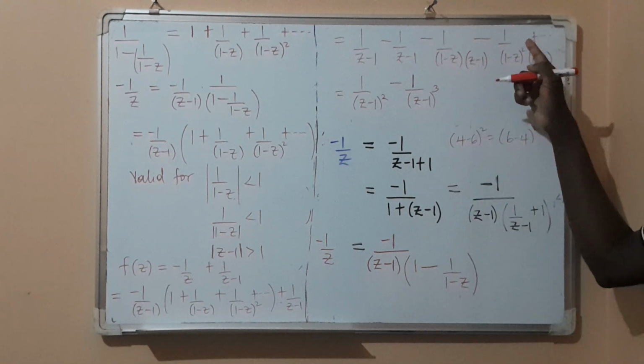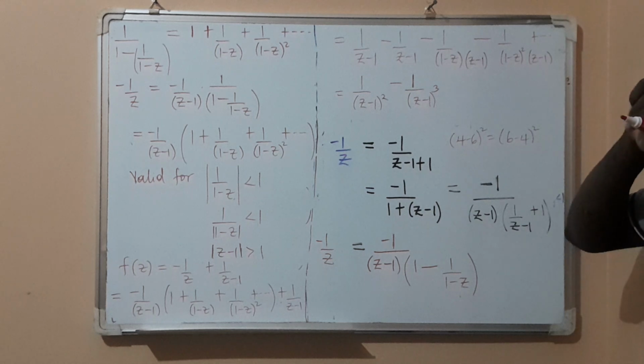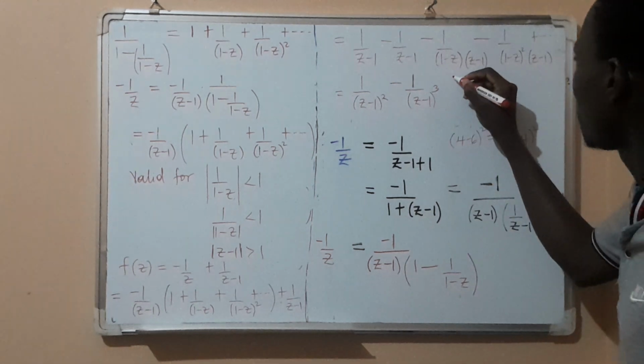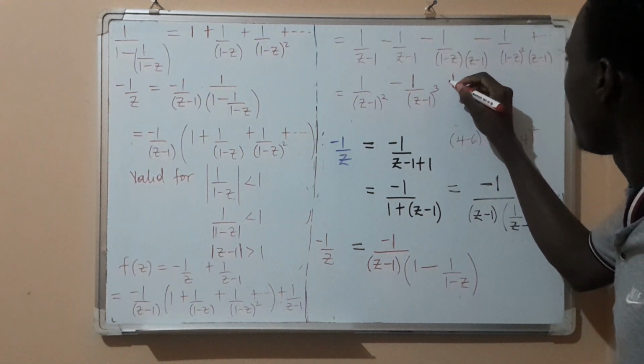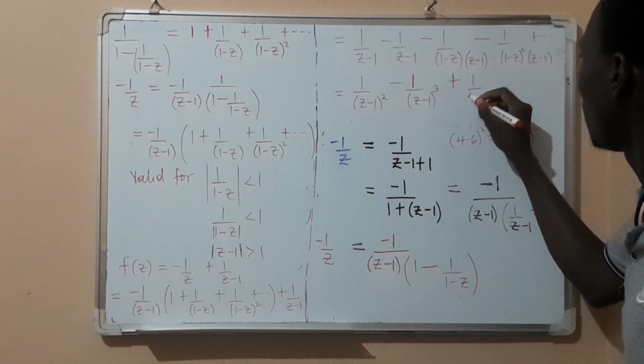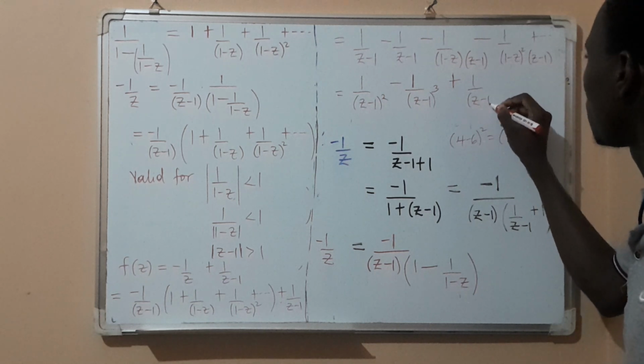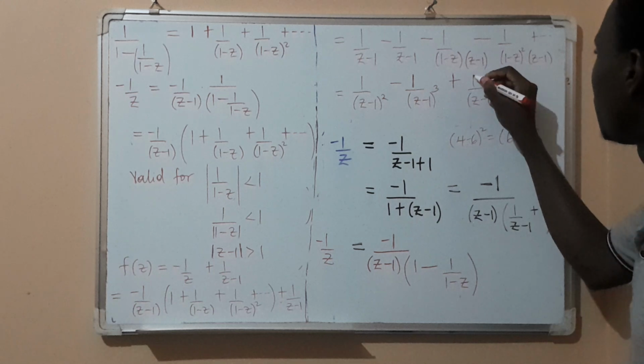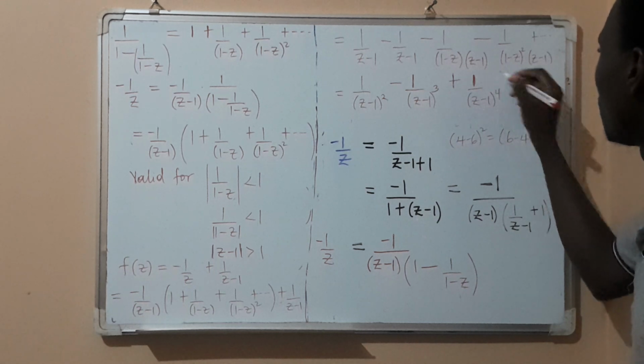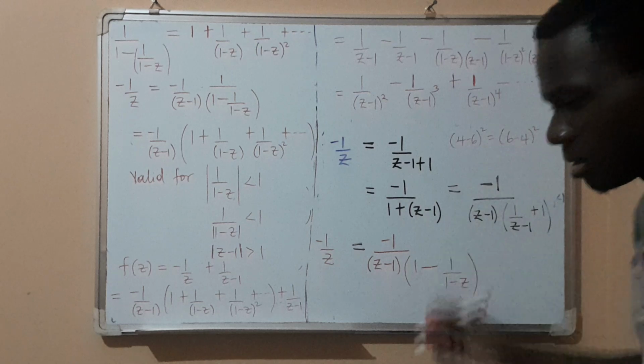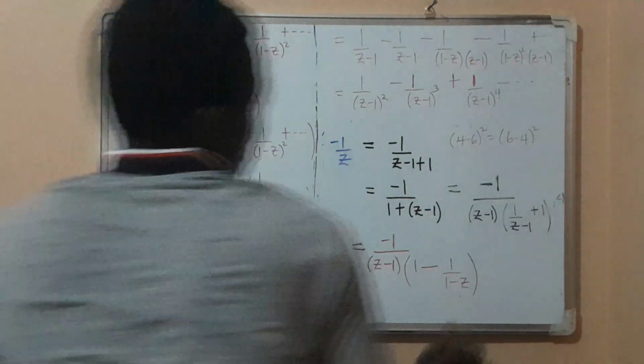Then plus the other terms. I think that will be plus 1 over z minus 1 to the 4 minus 1. So that is the series representation.